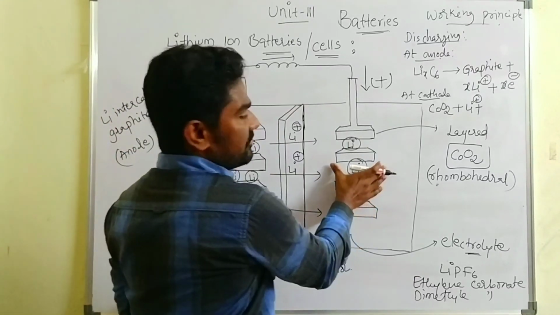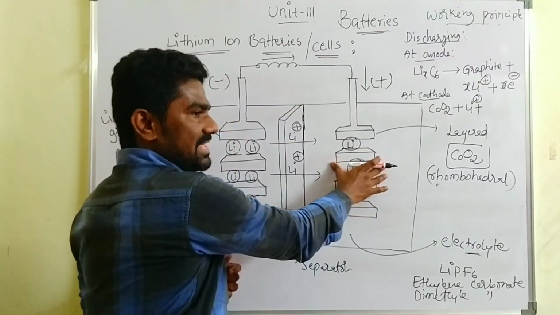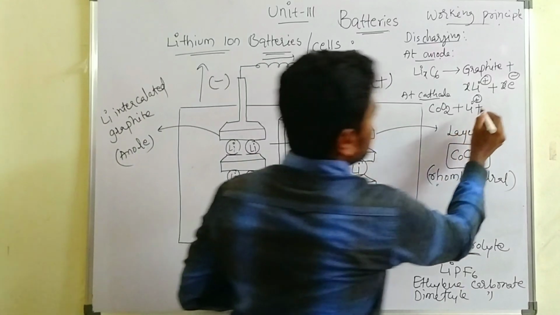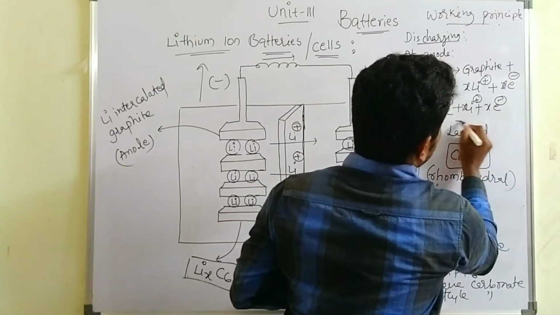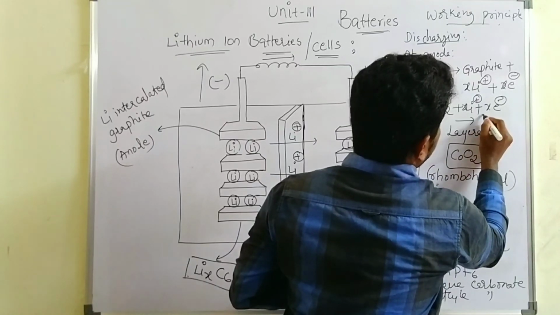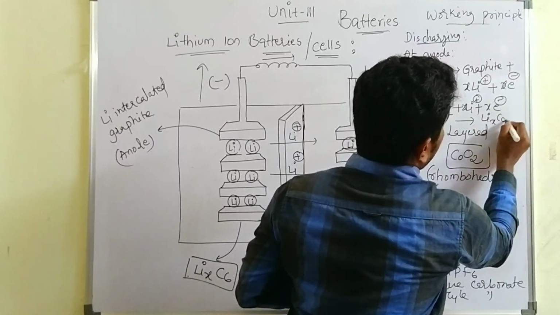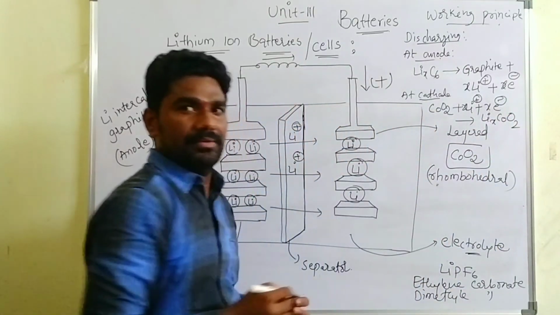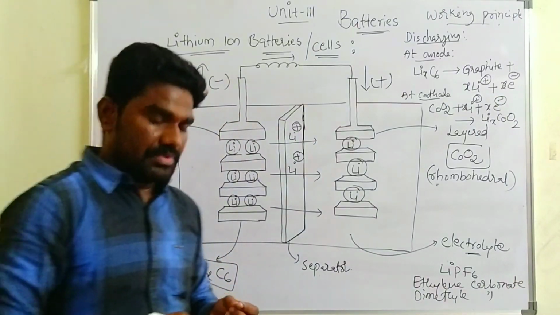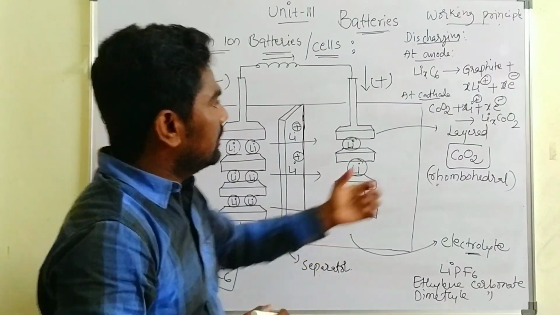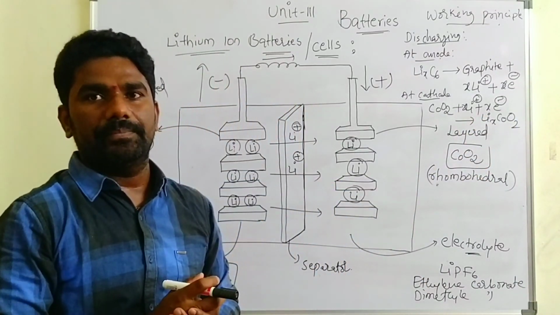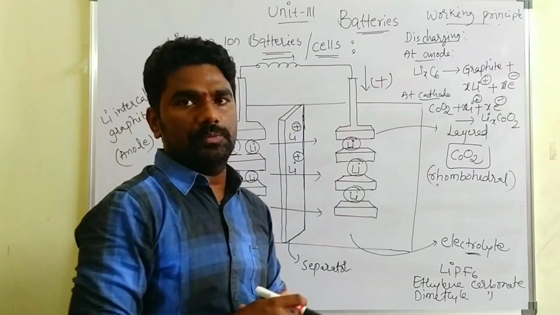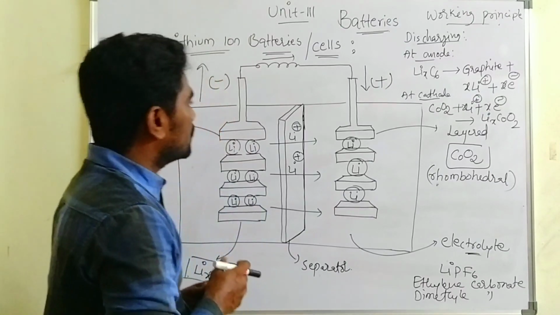So finally we have here XLi plus and X electrons. So we'll get LiXCoO2. Okay, finally we have the LiXCoO2 here at the cathode.